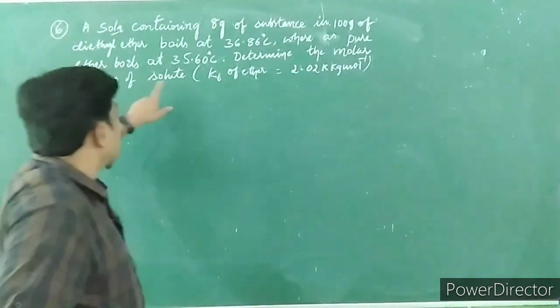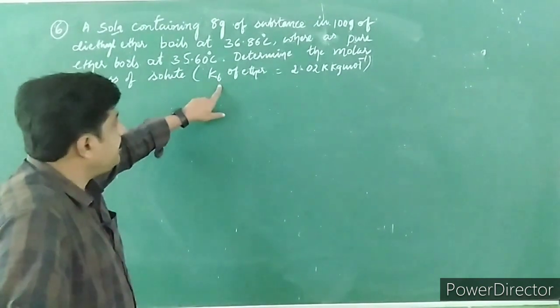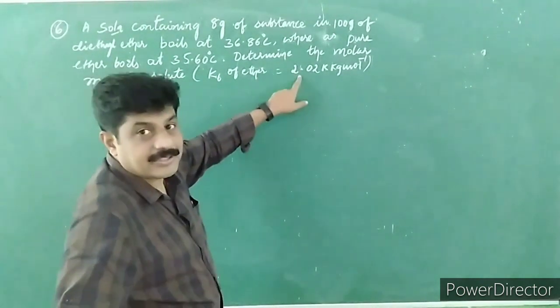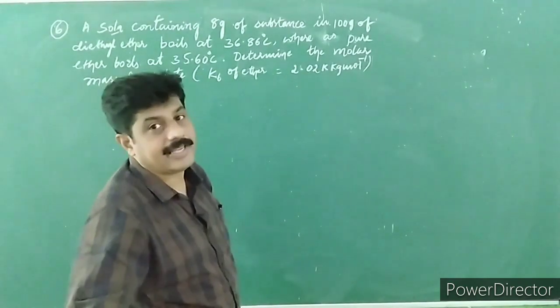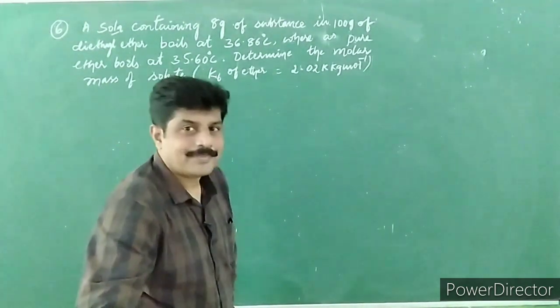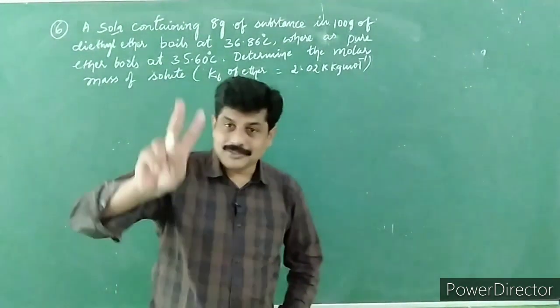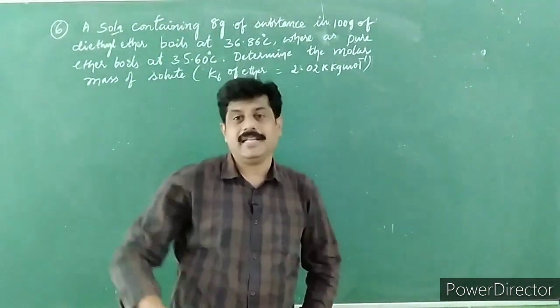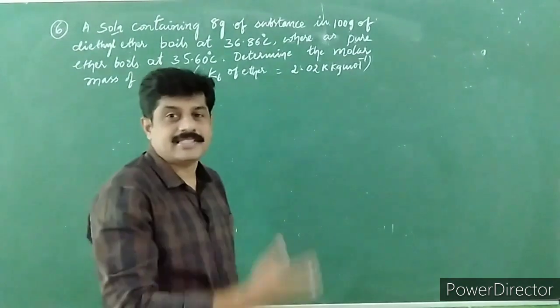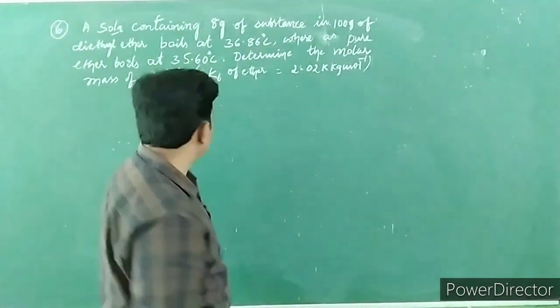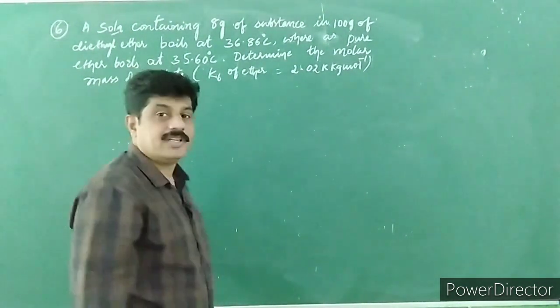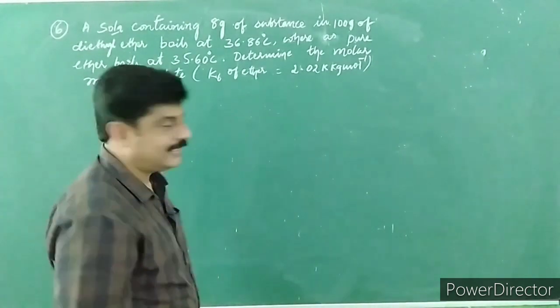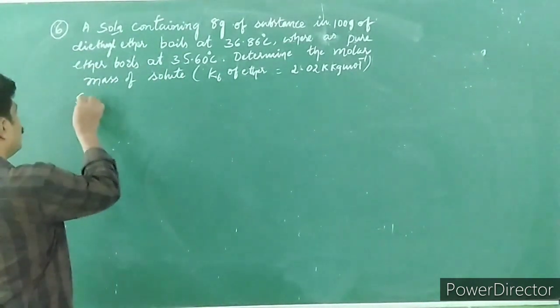Determine the molar mass of the solute. Kb of ether is given, that is equal to 2.02 Kelvin kg per mole. As usual, you read the numerical two times and then list down whatever the data is given. This is also a very simple numerical where you are supposed to find out MB of the solute, right? So let me solve this solution.